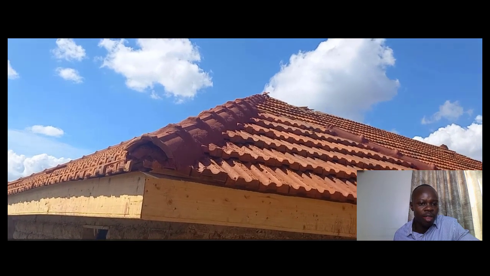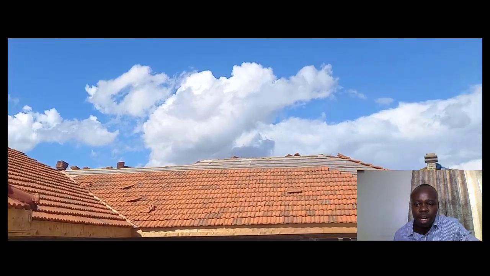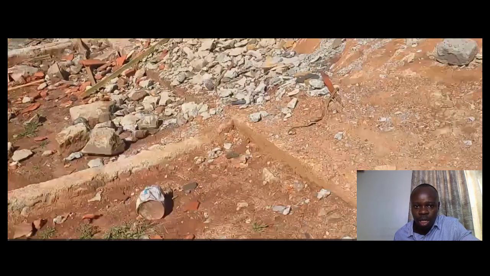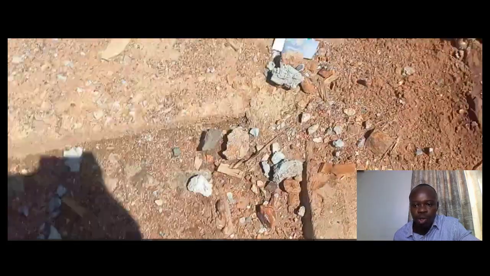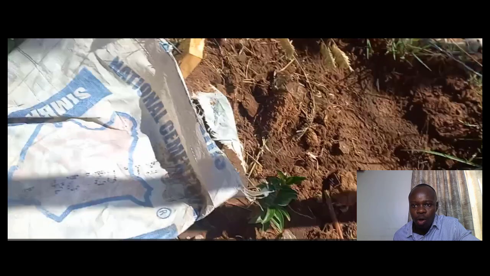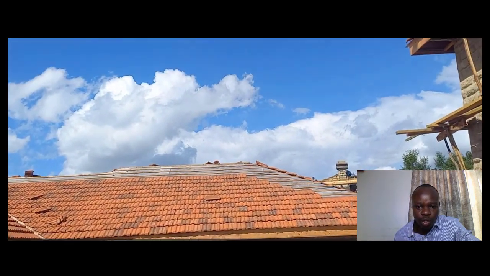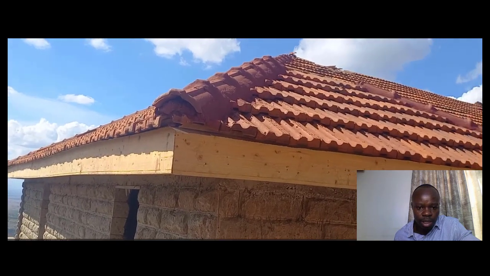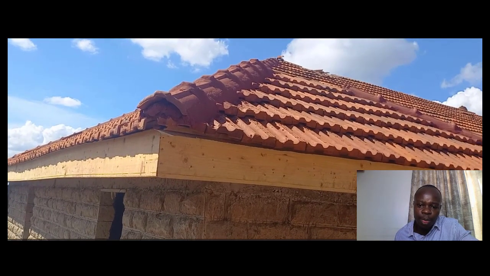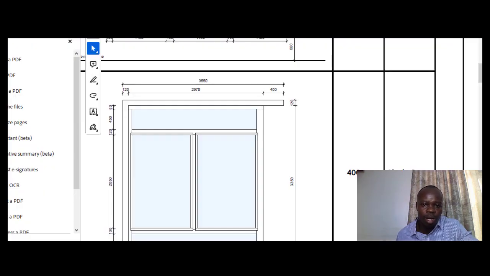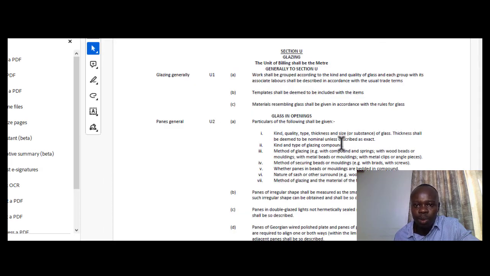These are the areas where you're going to provide glazing, and once you have that, you need to know how you, as a quantity surveyor, are going to do your estimation and measurement of that item. So I would like us to start from the general concepts of glazing in terms of estimation.